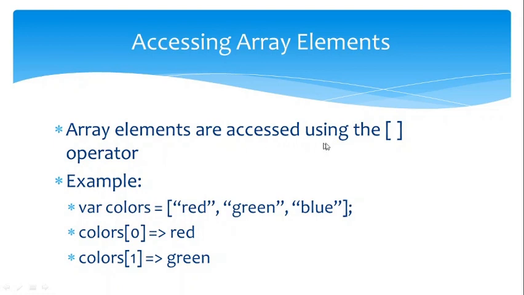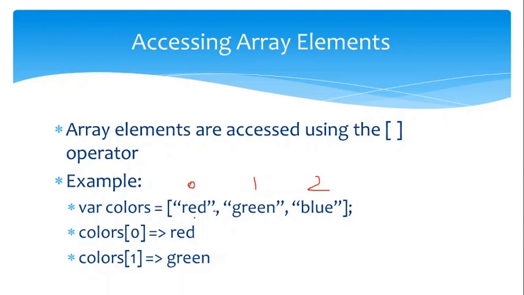Accessing array elements: array elements can be accessed using the square bracket operator. For example, colors is equal to red, green, blue. As I told you, every element or value must have an index. The index of red is 0, because an array always starts with 0, then 1 and 2.